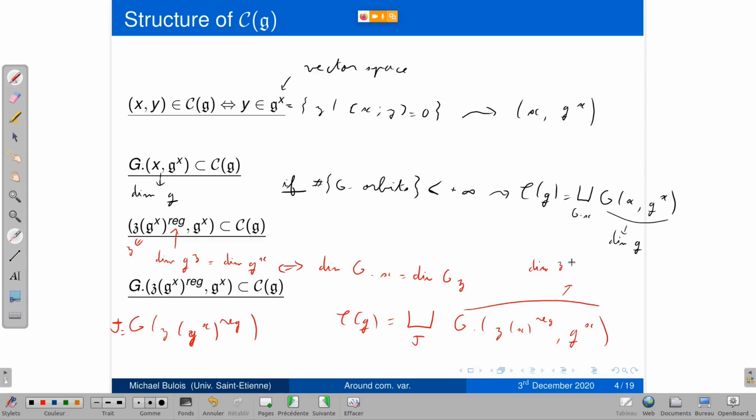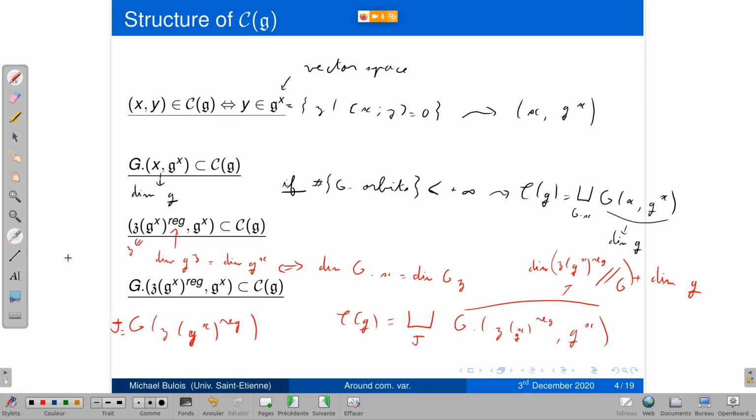So this is the dimension of the orbit space plus the dimension of g. With only one element, we add the dimension of g, and here we have to add some number of parameters of orbits, the dimension of the orbit space. Okay, and this leads us to sheets.